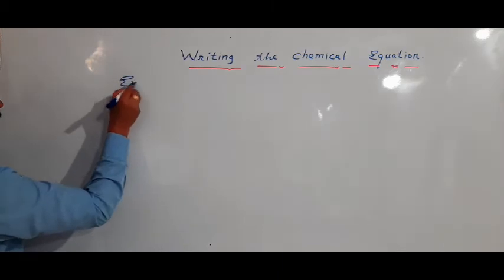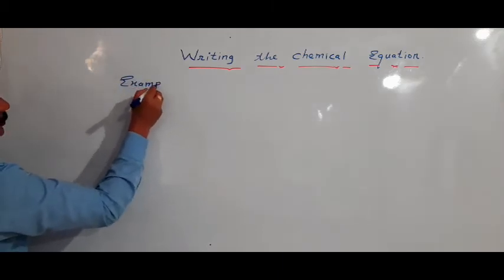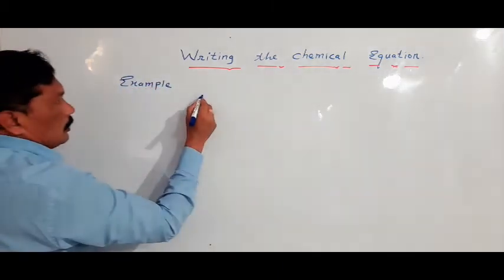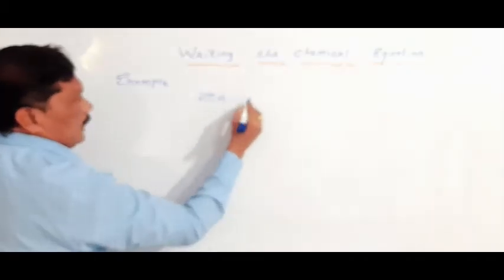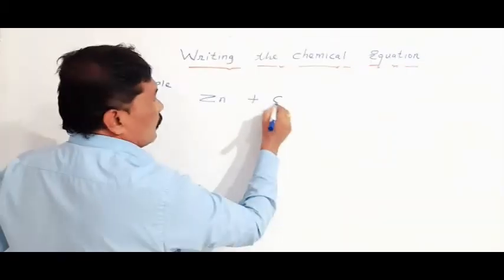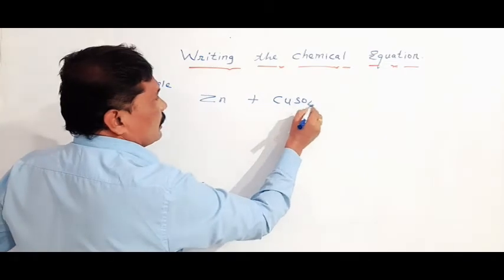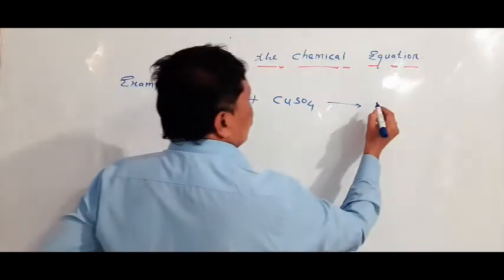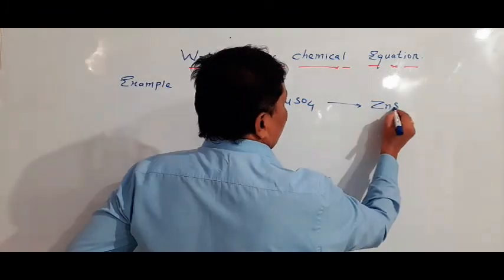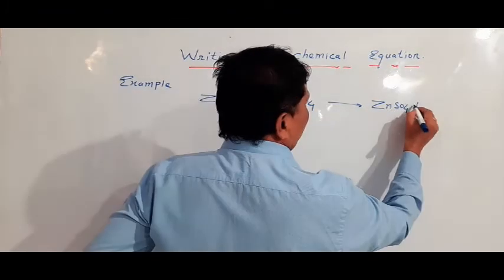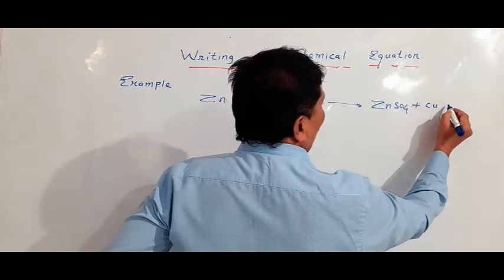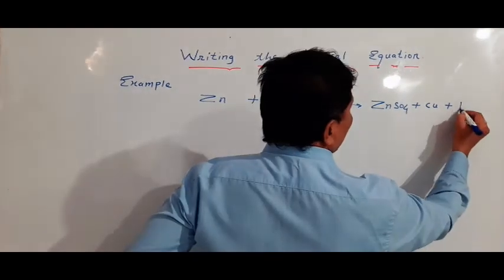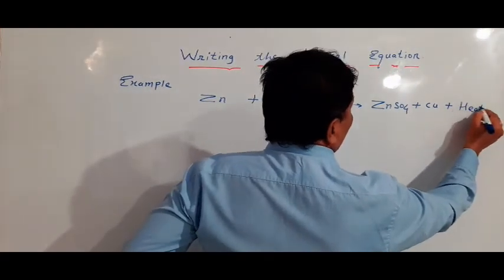Example: zinc reacts with copper sulfate, we get zinc sulfate plus copper plus heat.